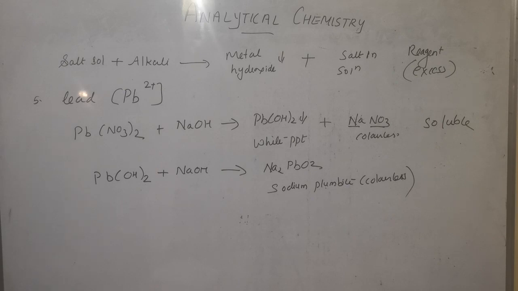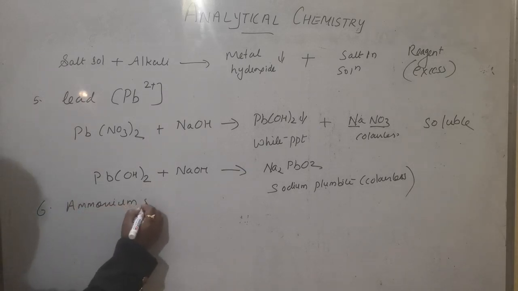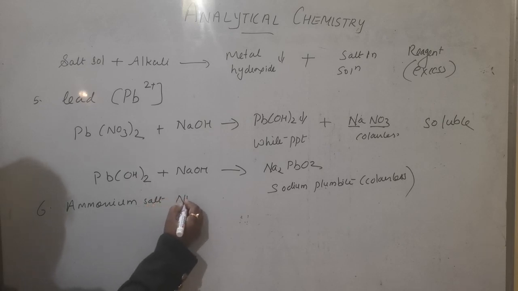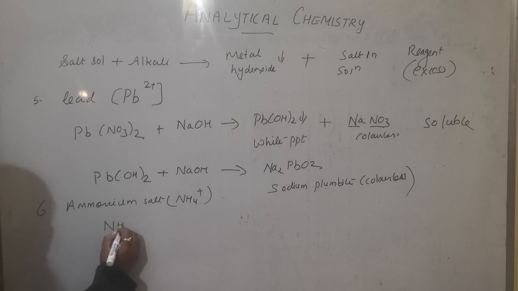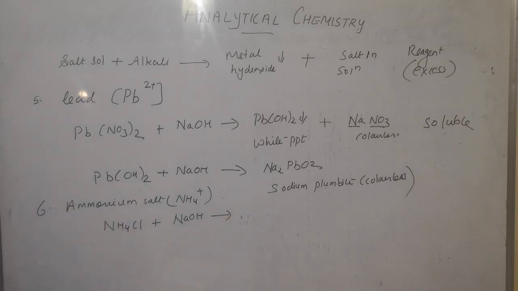And the last one that you have to study is of ammonium salt. Ammonium salt, NH4+. We take ammonium salt. So when sodium hydroxide or any other water soluble base is heated with ammonium salt, ammonia gas is evolved.